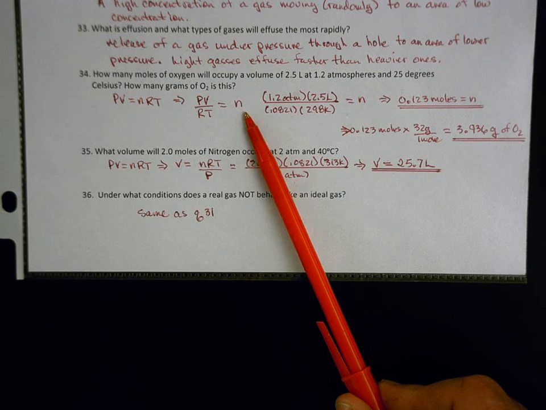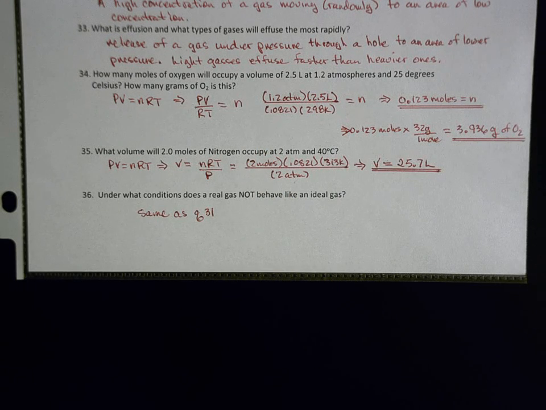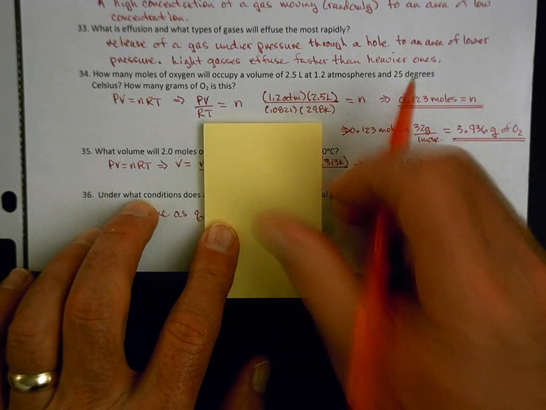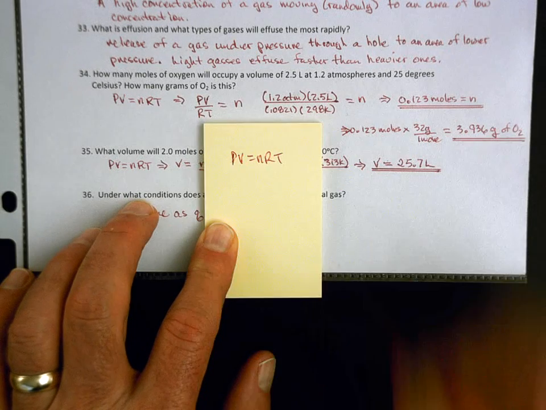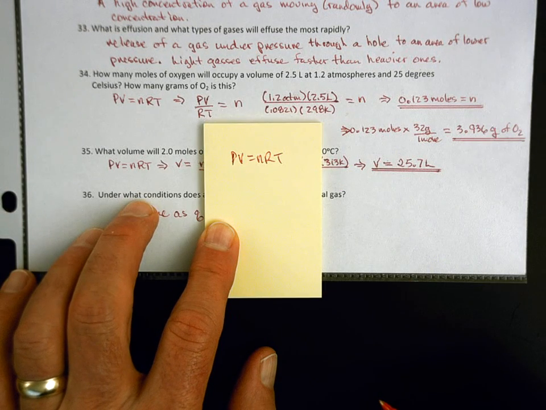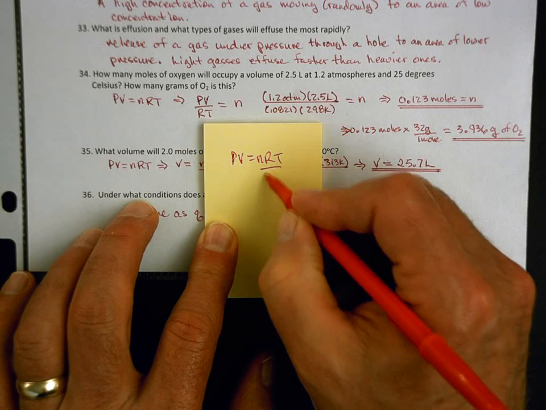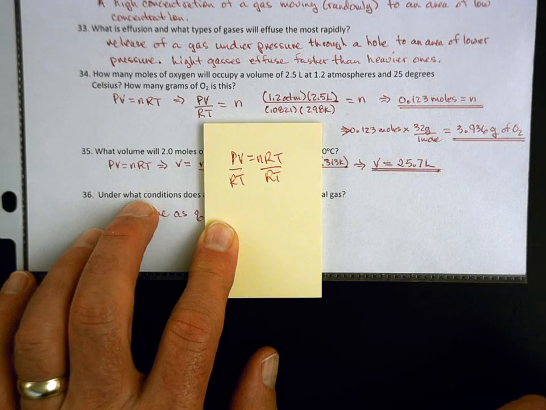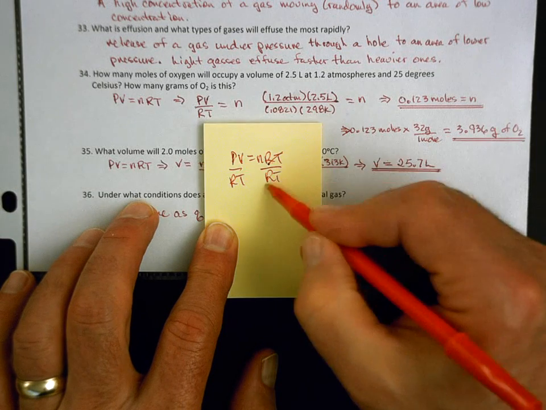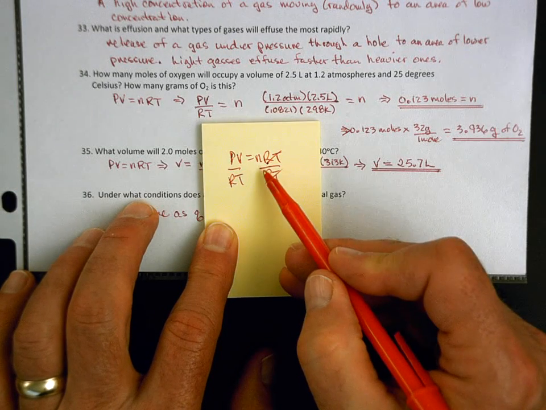Now, as I said, here was a good place that people were messing up on the last quiz. If you had written down your equation and then said, okay, I want to get n by itself, that's what I want to solve for, then it would be clear that to get that, the RTs cancel out, and I have n equals PV over RT.